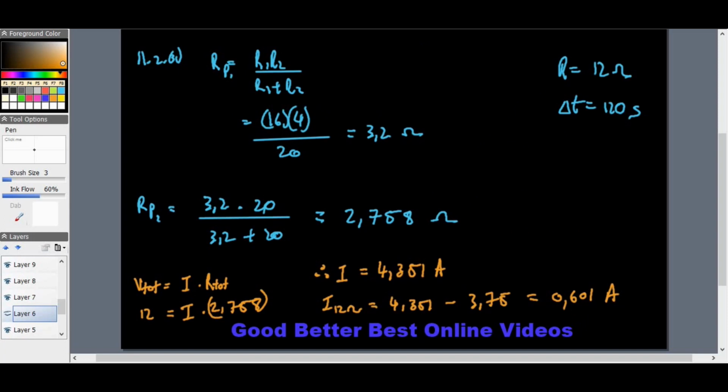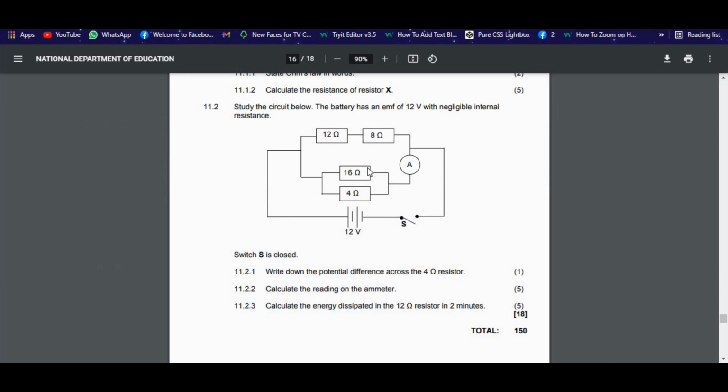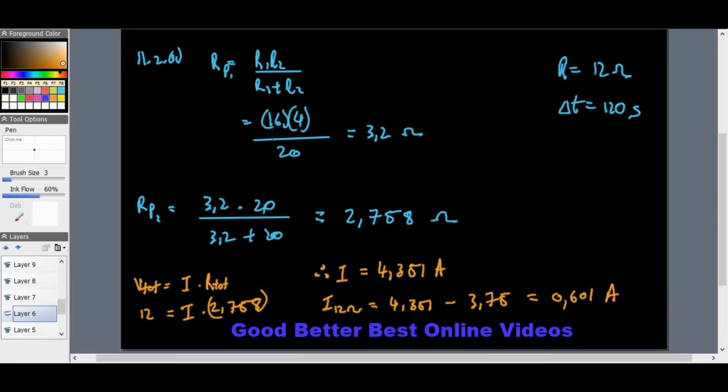Going through this question, we can see these two are in parallel with each other, but this whole branch is in parallel to both of these, but they are in series, so you can count them as one whole resistor almost. So the first method could have gotten a little bit tricky if you didn't follow along.